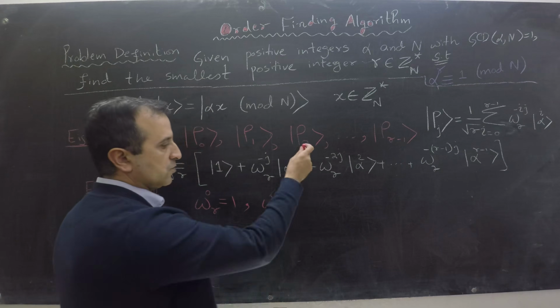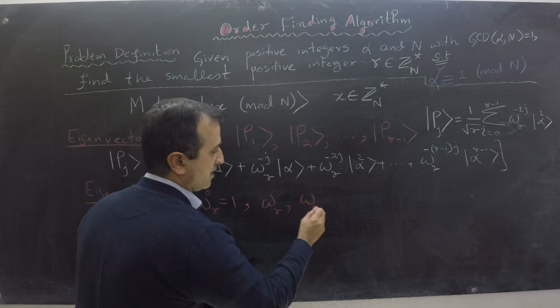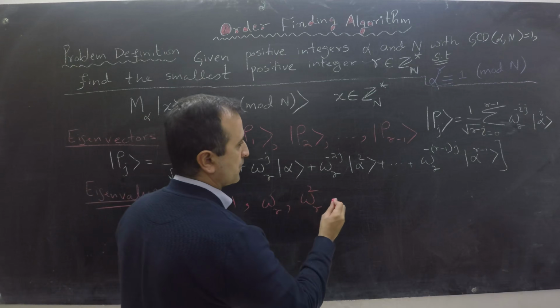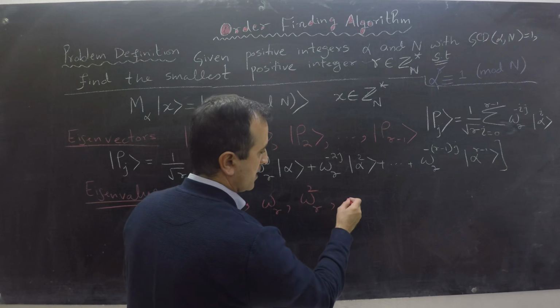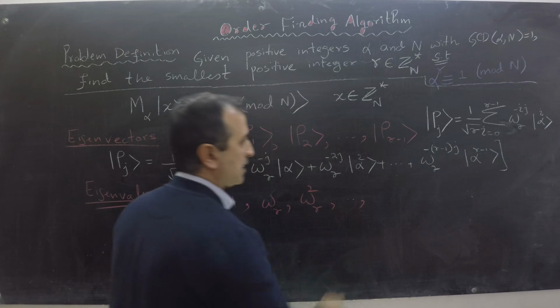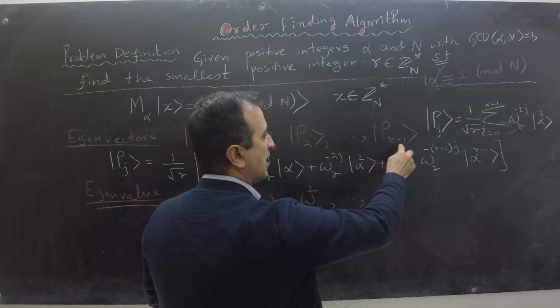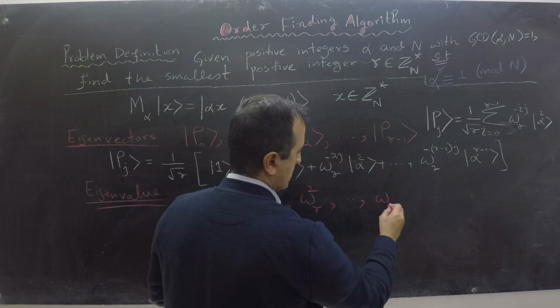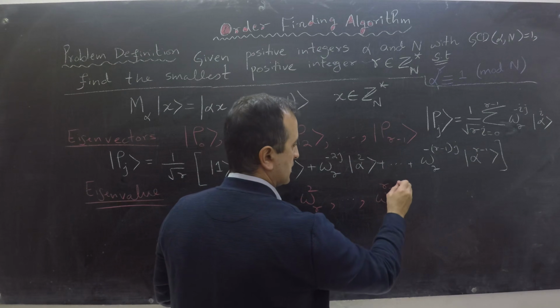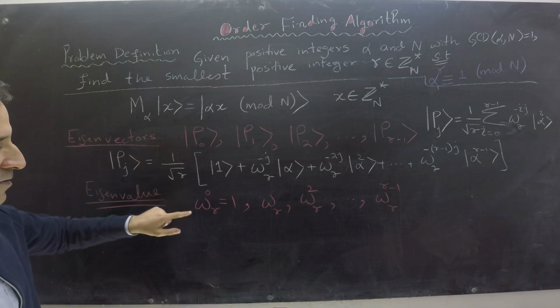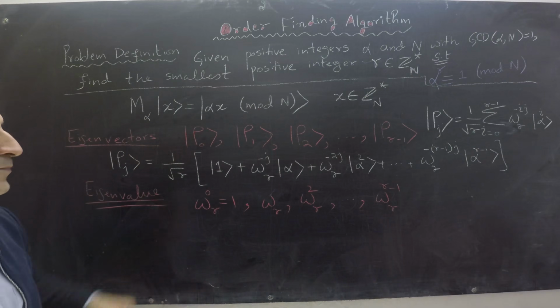Corresponding to rho 2, my eigenvalue will be omega r raised to power 2. And similarly, my eigenvalue corresponding to the last eigenvector rho r minus 1 will be omega r raised to power r minus 1. So this is my eigenvector and this is the corresponding eigenvalue.